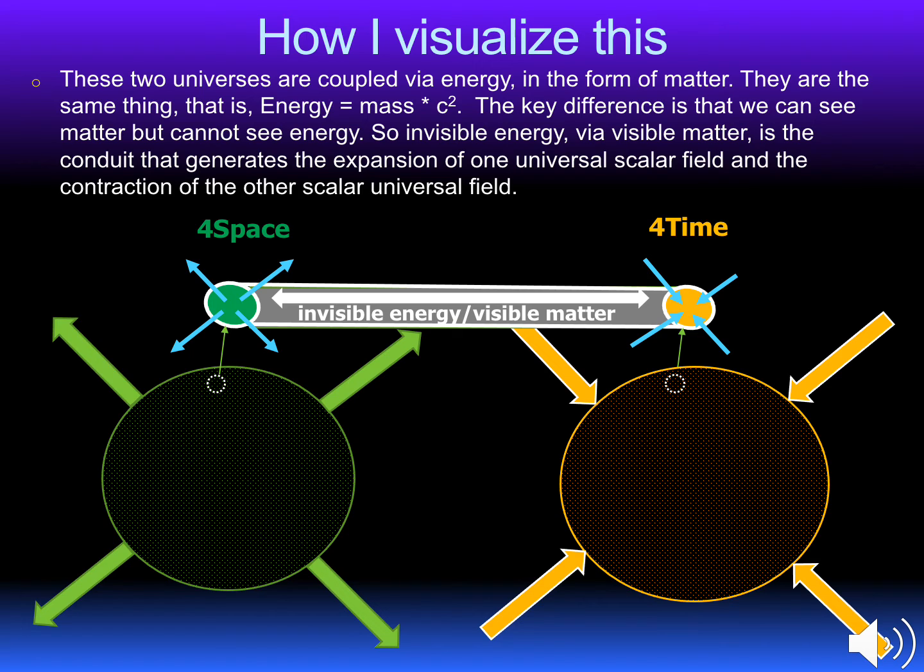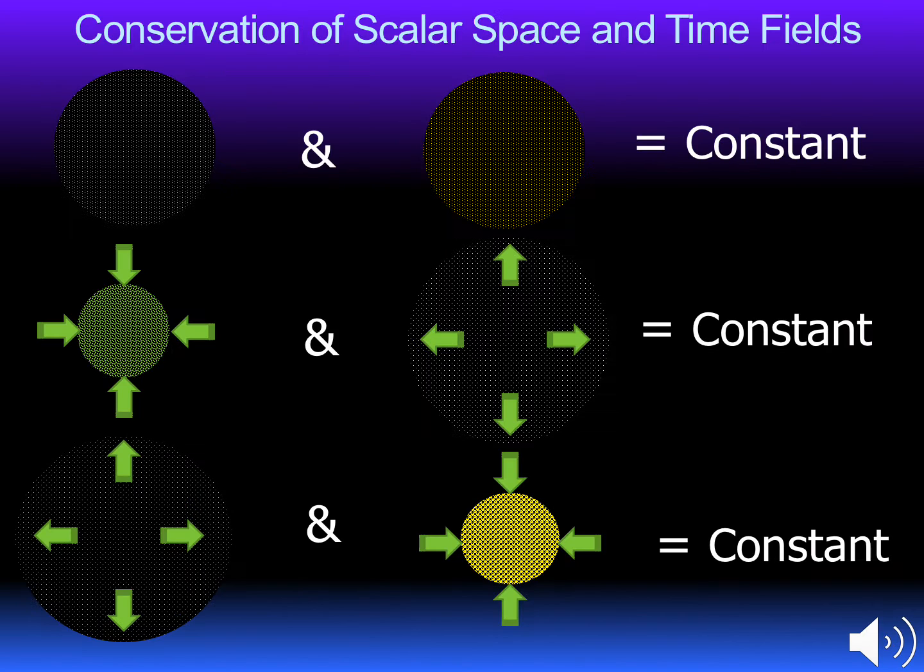You can imagine again these two balloons, and there's a tube, and the tube is really invisible energy or visible matter. Now this might be obvious to some of the more technical types, but the total amount of expansion and contraction between scalar space and scalar time is conserved.